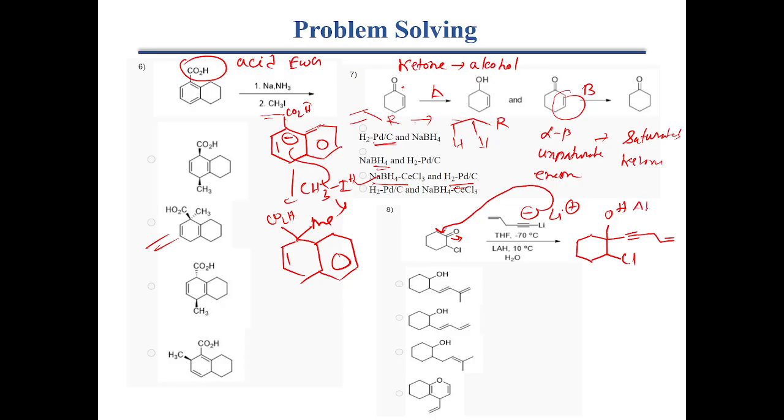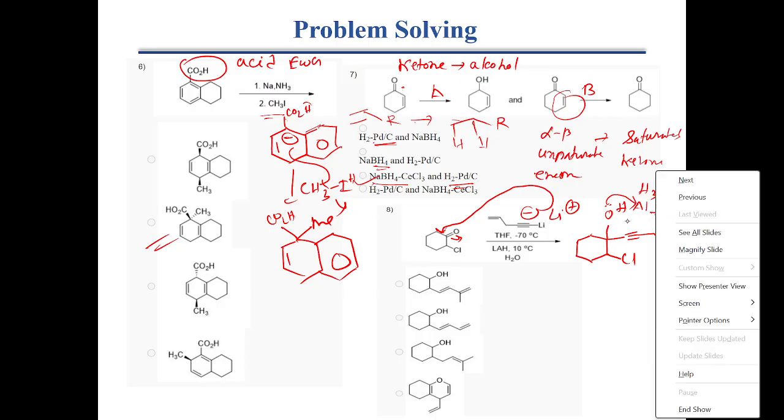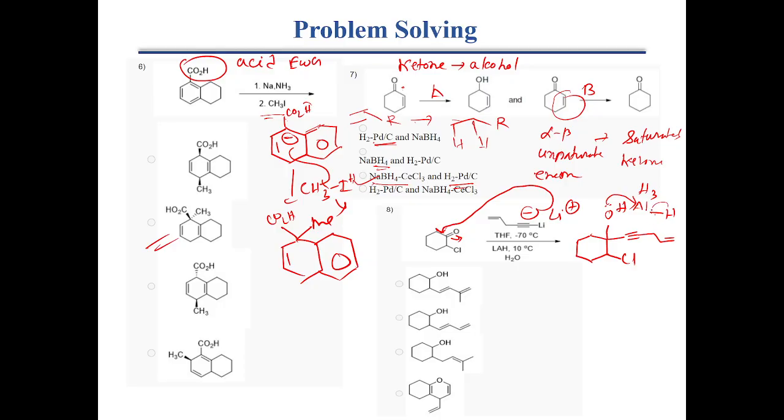So this alkoxide reacts with the aluminum and this hydride. This hydride will transfer this way, and that negative charge formed after the hydride transfer reacts with the complex.